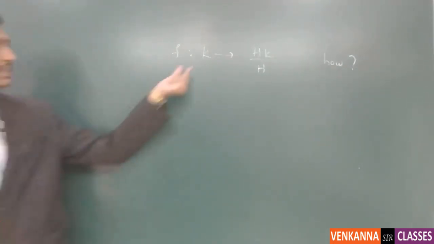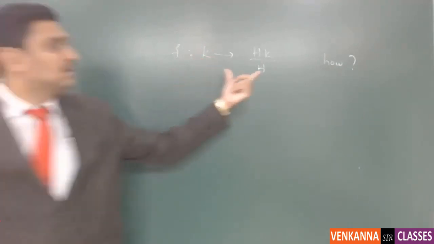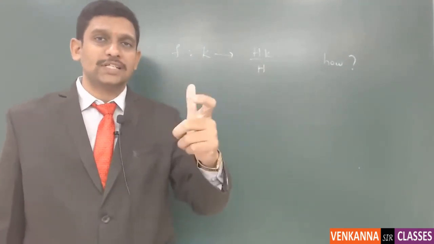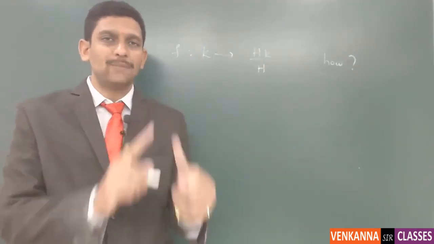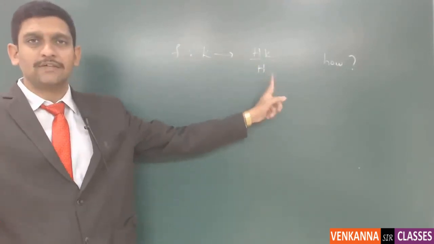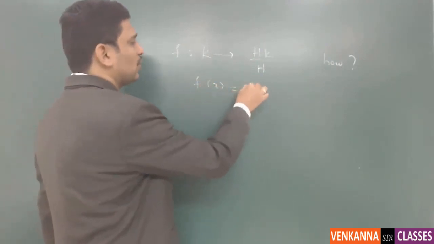The question is, this is a group containing only elements. This is a quotient group containing only cosets. So if you want to pair them up, you have to pair an element to a coset. So we define that f of x is equal to hx.